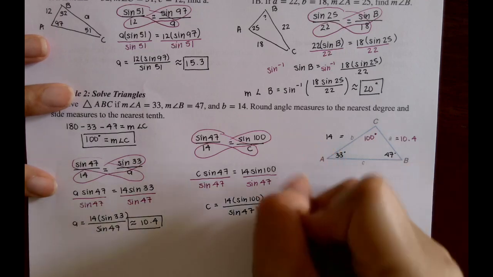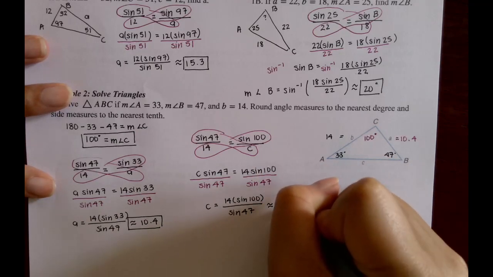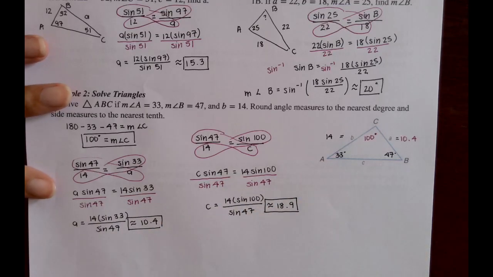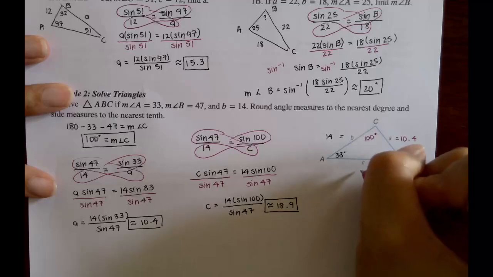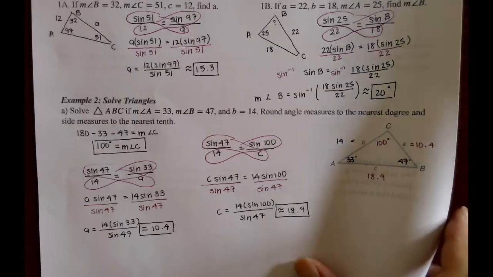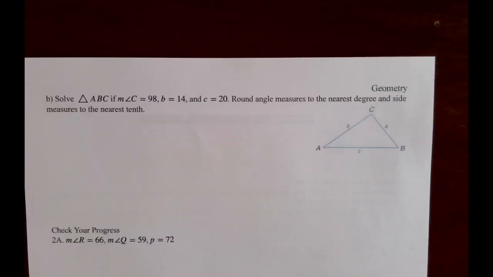And this gives me approximately 18.85. Because of that 5, it's going to go up to 18.9. And so C, I now know, is approximately 18.9. There you go. Okay.